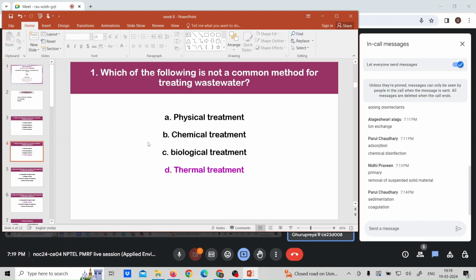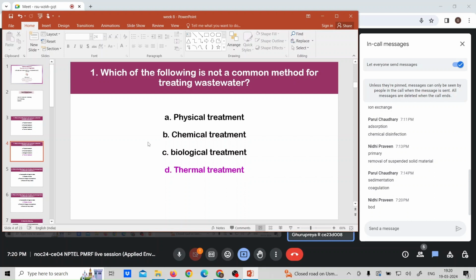We give some input value. So what will we check to tell that okay, this water is treated? What should be checked, or the parameters basically? BOD. Okay.